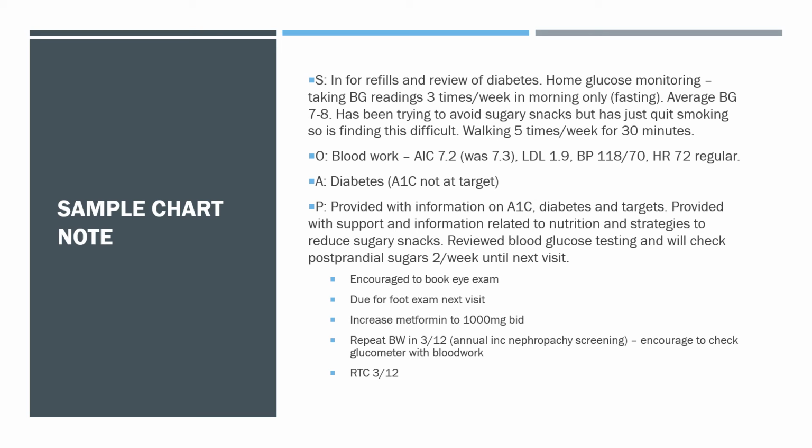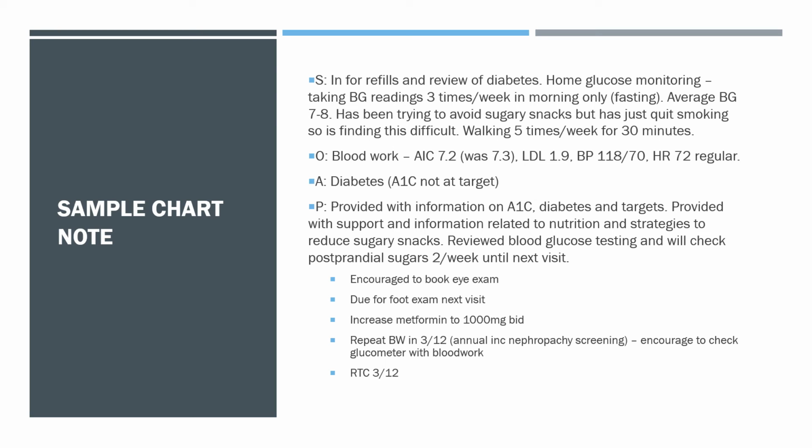Has been trying to avoid sugary snacks, but has just quit smoking, so is finding it difficult to stop. Walking 5 times a week for 30 minutes. Objective: the blood work A1C was 7.2, better than 7.3. The LDL is 1.9, blood pressure 118/70, heart rate 72.